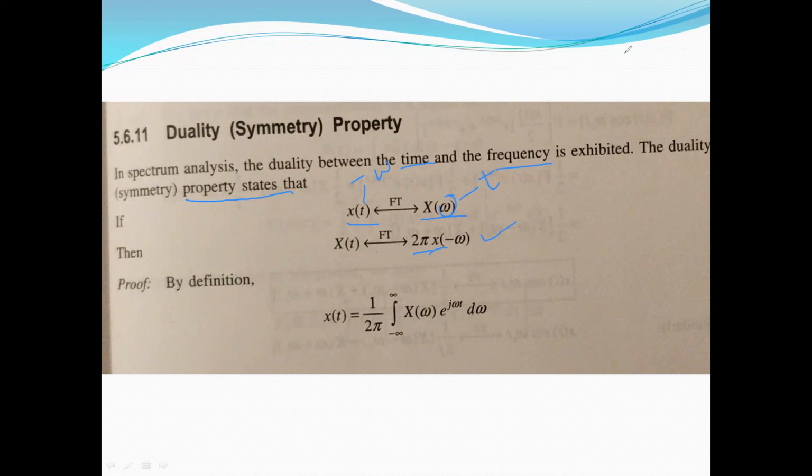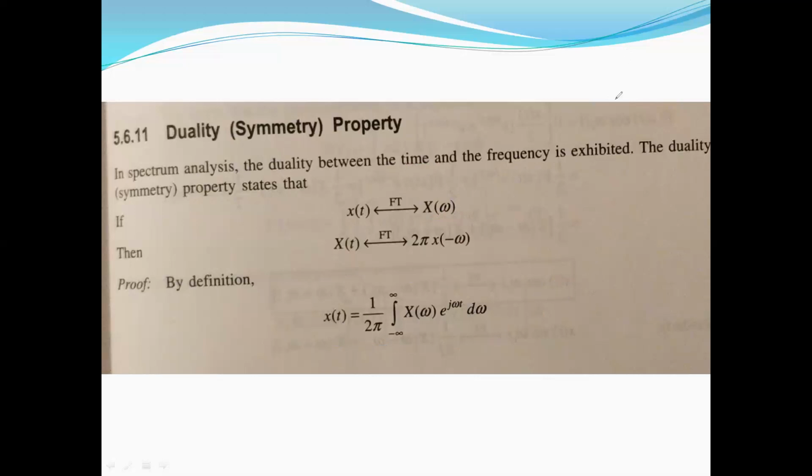So how do we prove this duality property? The duality property can be proved by taking the inverse Fourier transform formula. This is the formula for the inverse Fourier transform.